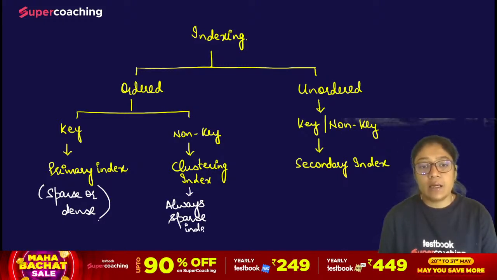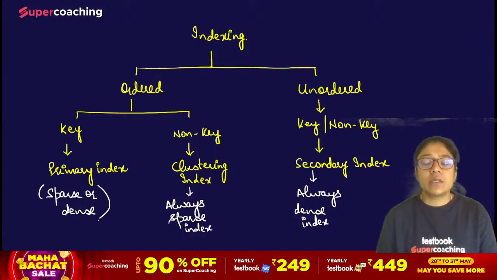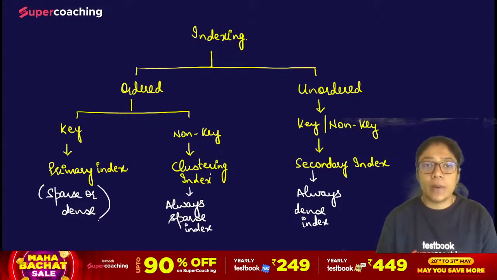And if we are getting a secondary index, this index is always the dense index. So on the basis of this, we had done the numerical, जिसमें हमने ये सारे parameters, what is sparse, dense, कितनी number of entries आएंगी, we have already discussed this.